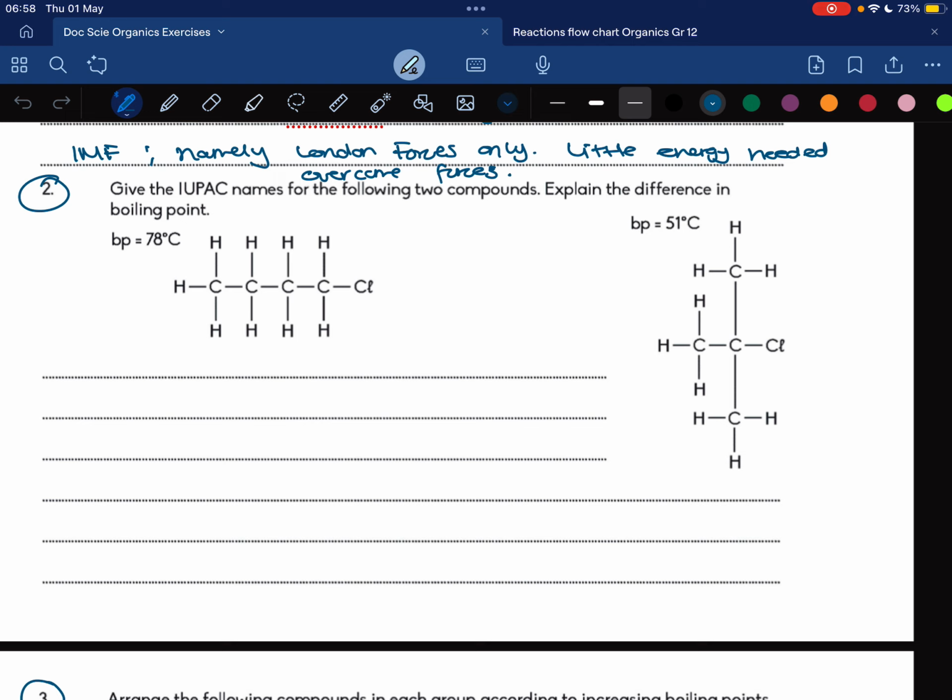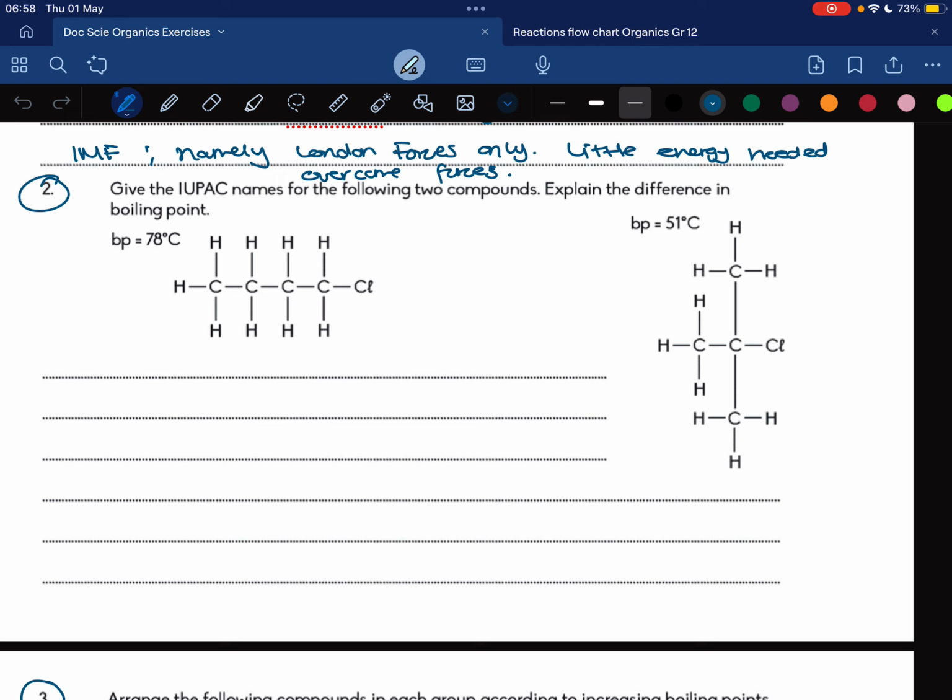Then if I look at the second one, I notice it is also a haloalkane, but now it has the longest carbon chain of 3. I can see that there is a methyl group on the second carbon. Remember, we don't have to give the number for the methyl if it's on the second carbon, because obviously it can't be anywhere else, but we will give the name for the chlorine.